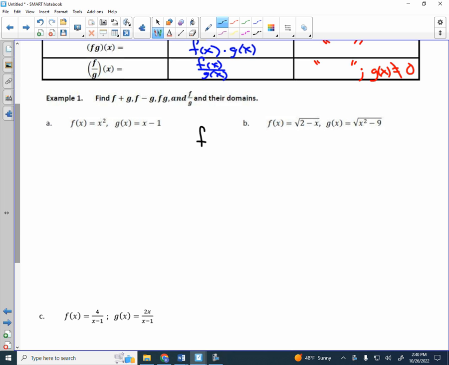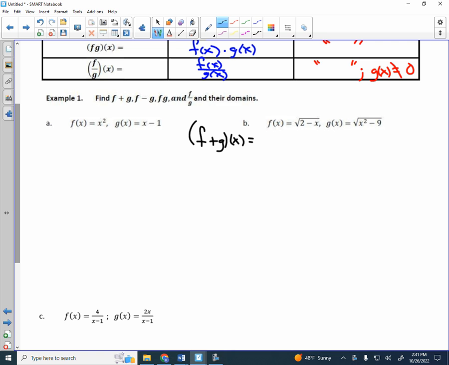So we're going to do f plus g of x. And can you tell me, if I add these two together, can I take the 2 plus the negative 9 and get a negative 7? Like, can I add these things on the inside? You can't, can you? Like radicals, you can't add the piece underneath unless they're exactly the same, right?